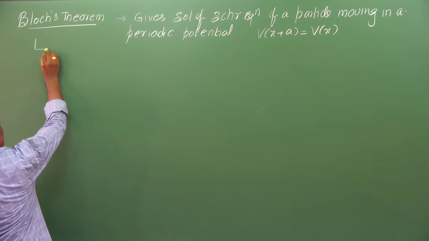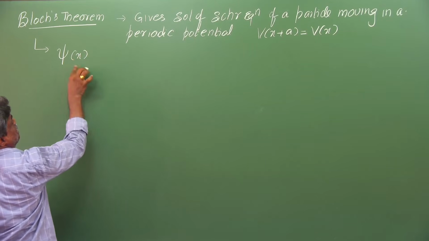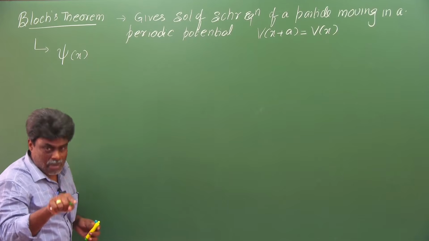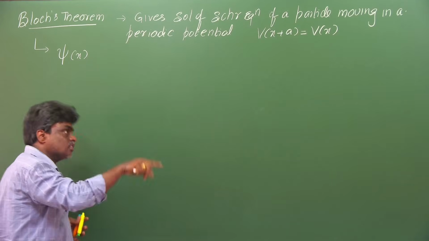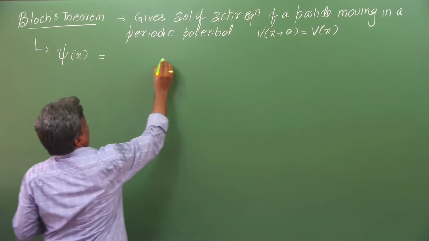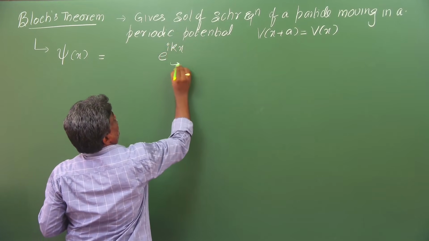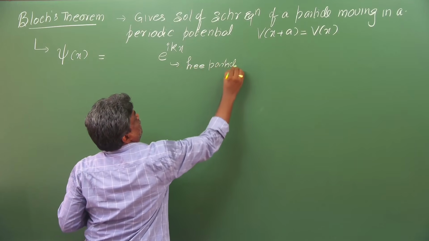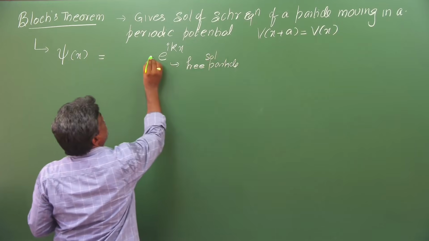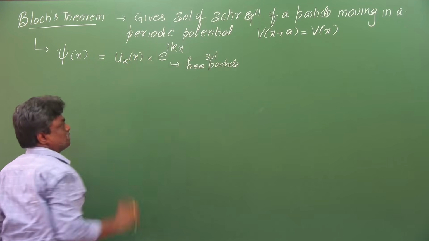According to Bloch's theorem, the wave function of the Schrodinger equation psi of x of a particle moving in a periodic potential is equal to a plane wave. This is the free particle solution. Are you observing? This is the free particle solution, and it is just modified with a function called the Bloch function.